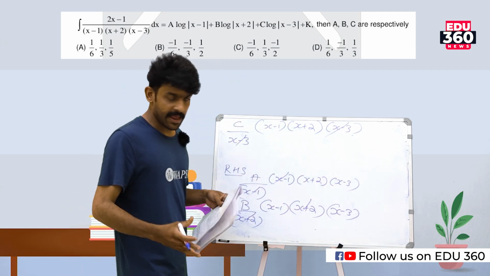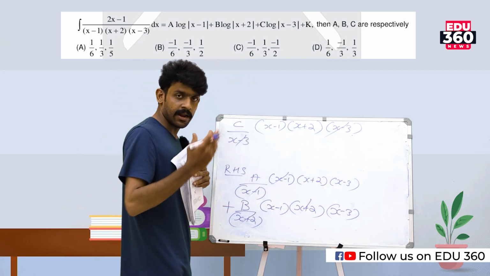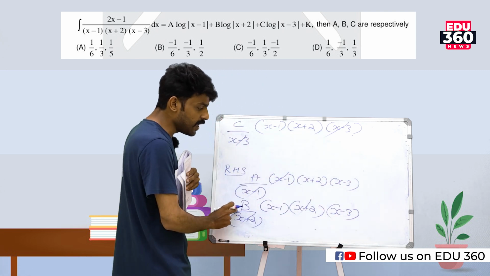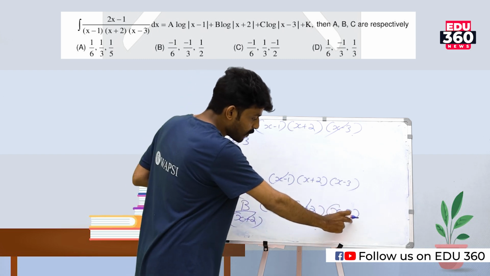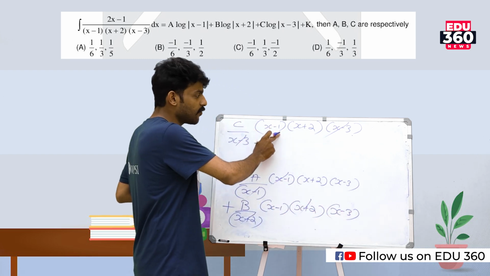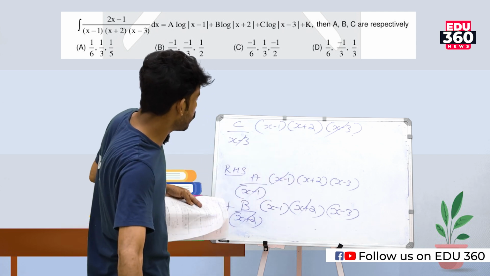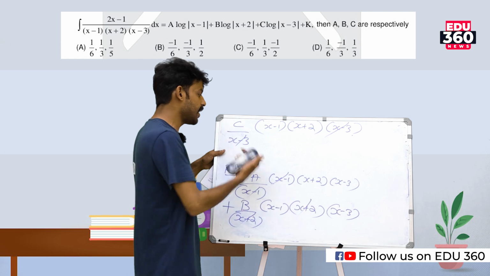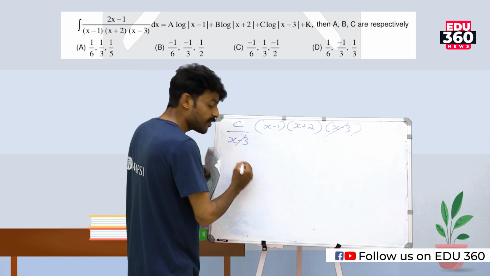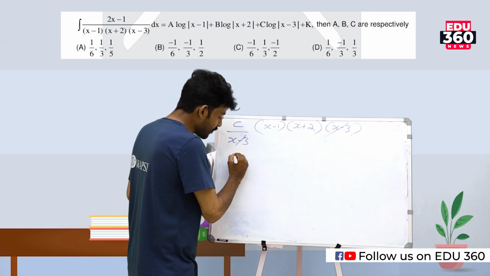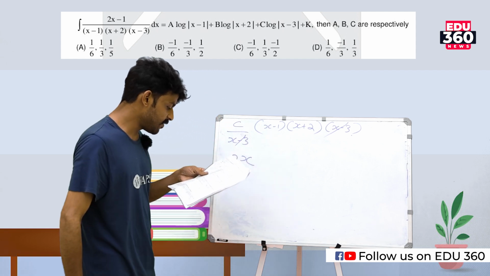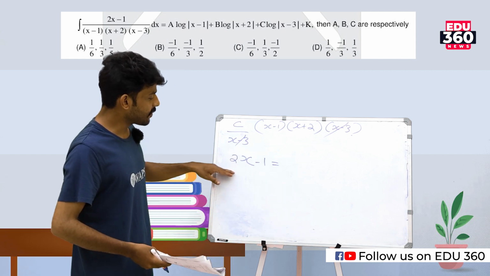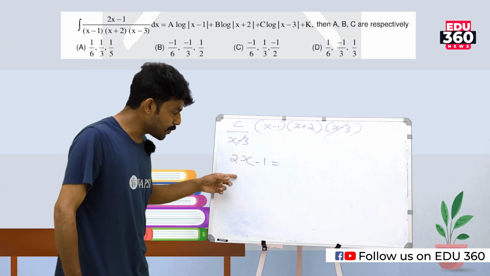In the next step, we can write the RHS as a into x plus 2 into x minus 3 plus b into x minus 1 into x minus 3 plus c into x minus 1 into x plus 2. Because x minus 1, x plus 2 and x minus 3 are already cancelled in the respective terms. From the question the LHS is 2x minus 1, and we already multiplied the denominator on the LHS.